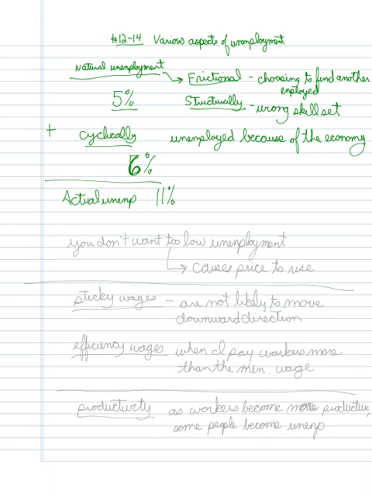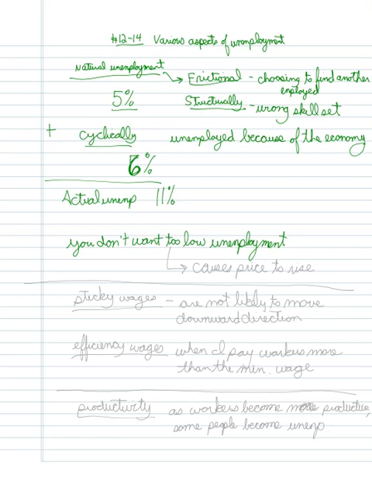Now, I say this because you actually don't want too low of unemployment. So the fact that right now, as of October of 2017, the unemployment rate is less than 5%, that's bad.